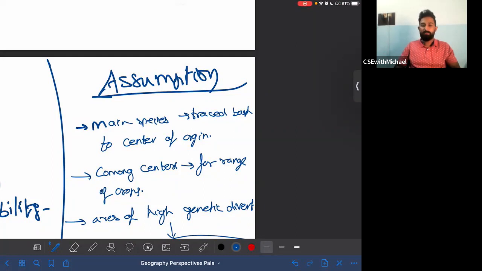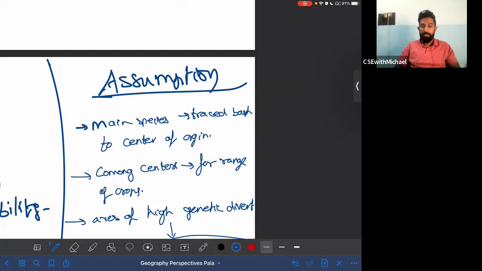A large gene pool indicates extensive genetic diversity, and diversity is associated with a robust population which can survive adverse environmental conditions.